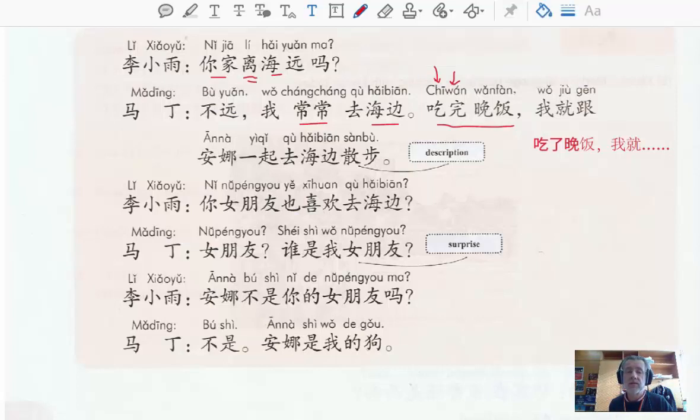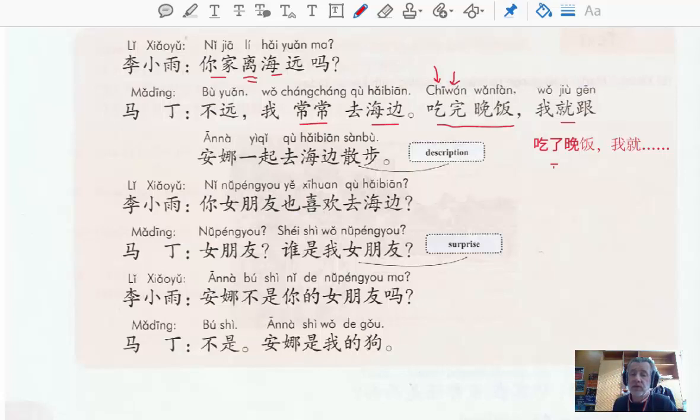My point here is that this 了, when it's placed after the verb 吃 and before a plain unadorned noun, 晚饭, so we've not added any other information to 晚饭, it's just plain old 晚饭, means after that is done. 我就跟安娜一起去海边散步.